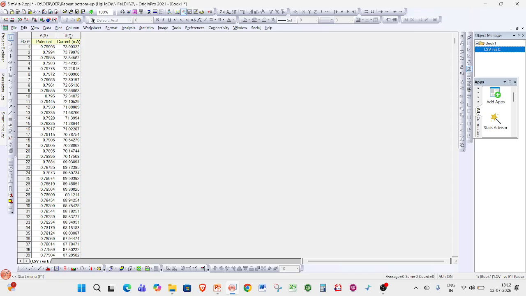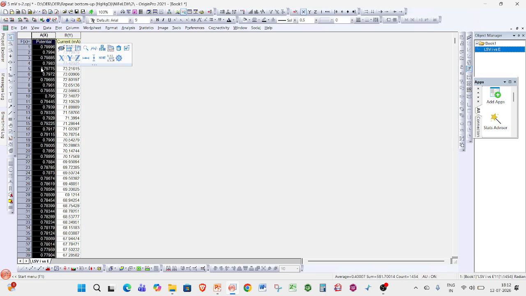Here is the LSV data. You can see that the first column is potential, the second column is current. Now we are going to convert this experimental potential, which is measured using mercury oxide in 1 molar KOH electrolyte, to the RHE scale. How can we convert?